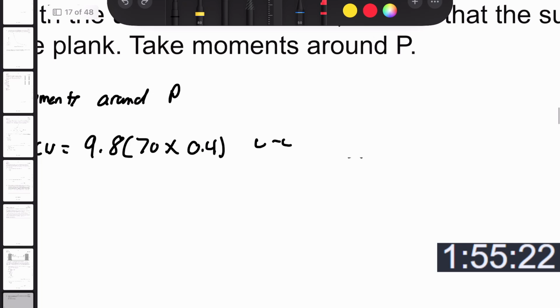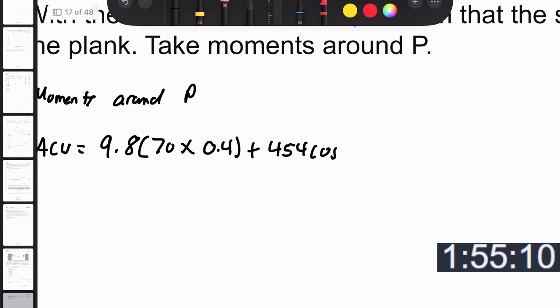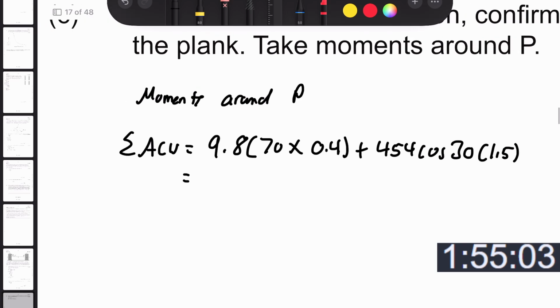So let's just say this. 454 cosine 30 times 1.5 is going to equal. Wow, I think I'm very far behind, guys, at time. 1.5, 16 meters.